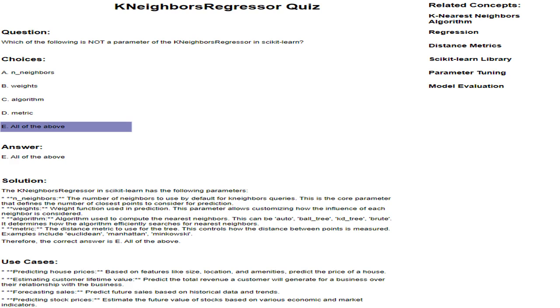Sklearn library: a popular open source Python library for machine learning.